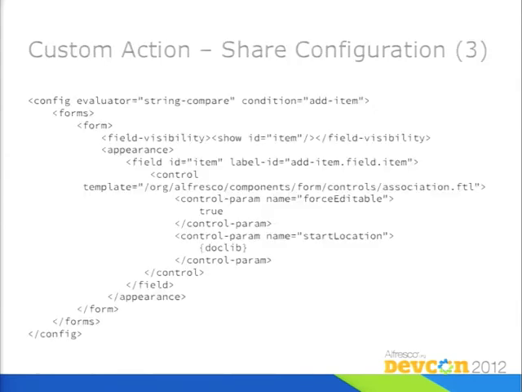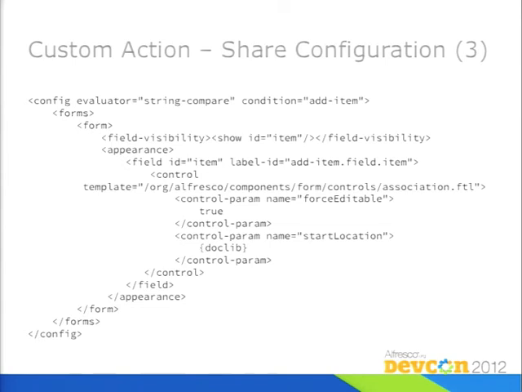So I said before that an action form dialog will just render a form based on the parameter definitions within the action. For the node ref, it basically gives you a text box. So what we're doing here is we're actually extending that and saying, I don't want to just type a node ref into a text box.